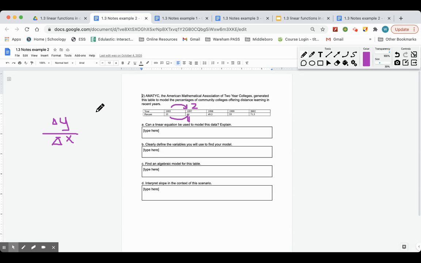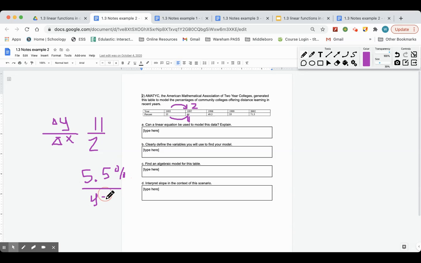So I'm going to do 11 over 2. So that's an 11% increase per two years. If I divide 11 by 2, that's 5.5. So it's about 5.5% per year.